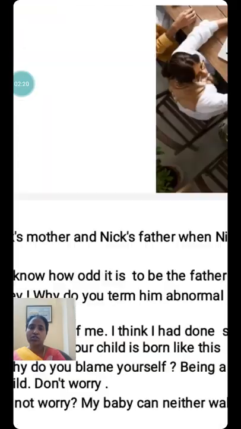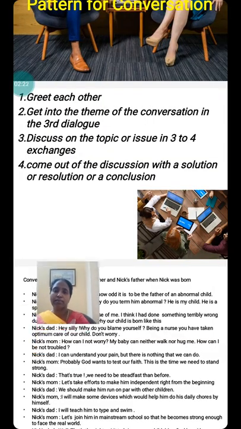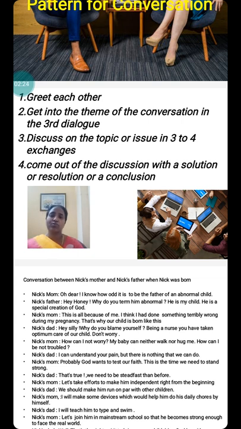So I have given you an example of the conversation between Nick's mother and Nick's father when Nick was born. So firstly, Nick's mom says, "Oh dear, I know how odd it is to be the father of an abnormal child."